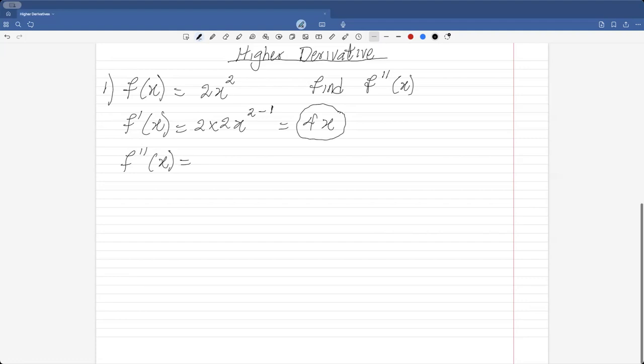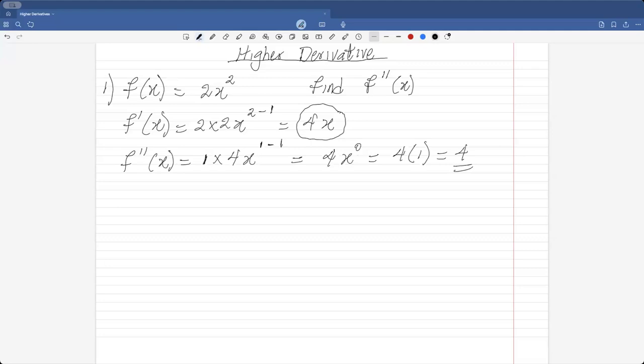So we have 1 multiplied by 4x to the power of 1 minus 1. So we have 4x to the power of 0. Of course, we have 4. Anything to the power of 0 is 1. So our final answer here is 4. And that is the final answer for this problem.